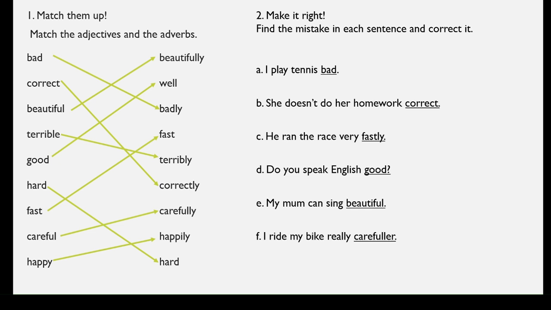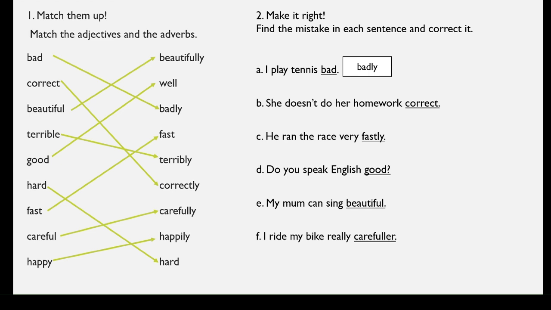Let's have a look at the second task. Make it right. Find the mistake in each sentence and correct it. I will show you one example. Here we have, I play tennis bad. This sentence is wrong. We should write badly.